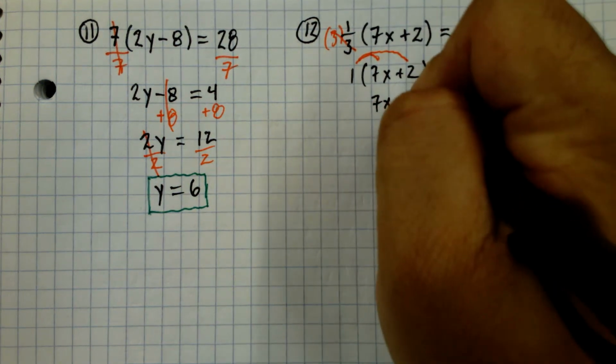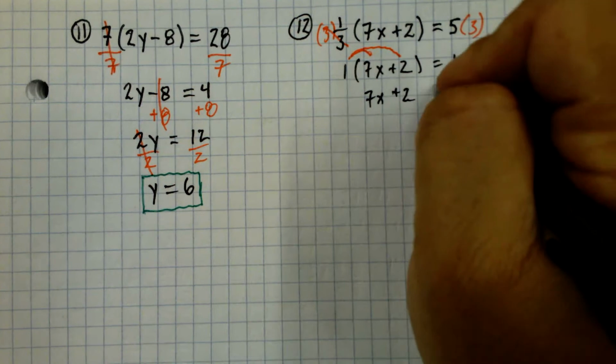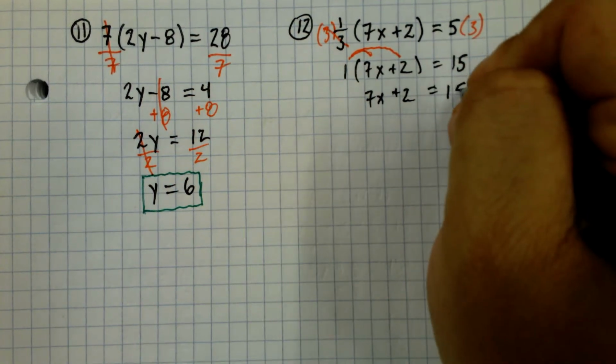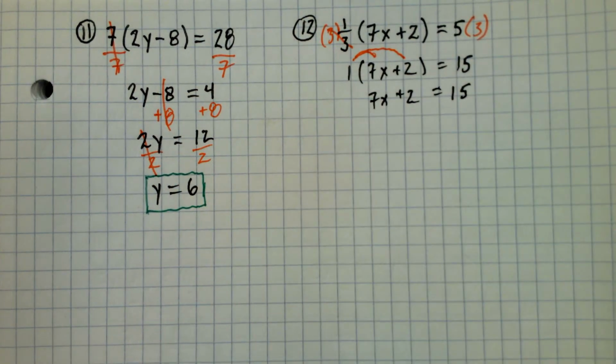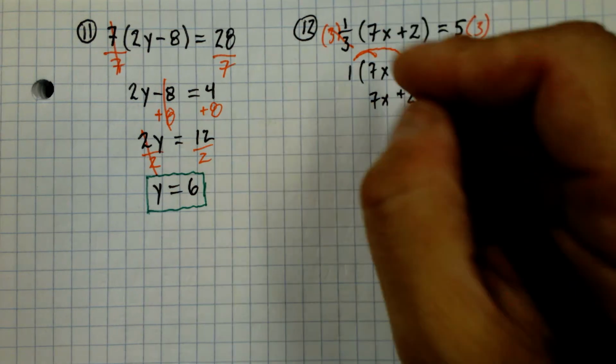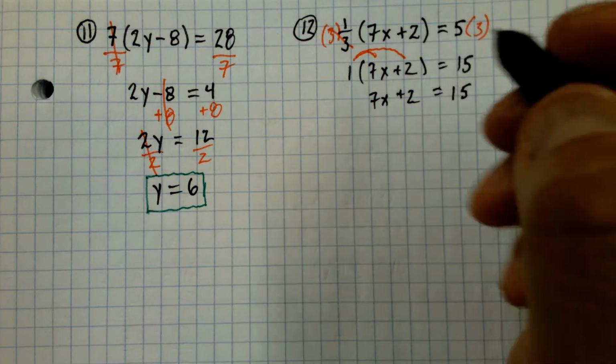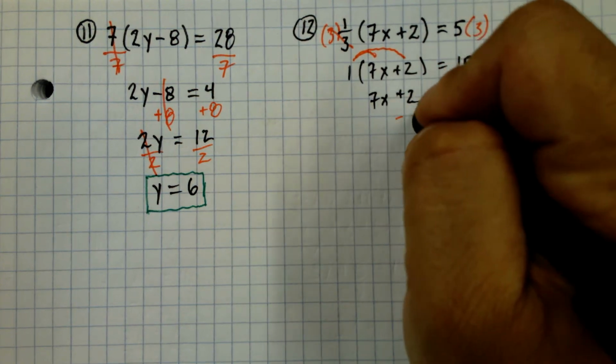So do you see it didn't change anything? But hey, if you're used to that process, you want to do that, you're going to get the right answer. So go for it. Okay, so now I just have 7x plus 2. Didn't have to worry about all those thirds. Let's go ahead and distribute, or not distribute, let's get rid of this plus 2.